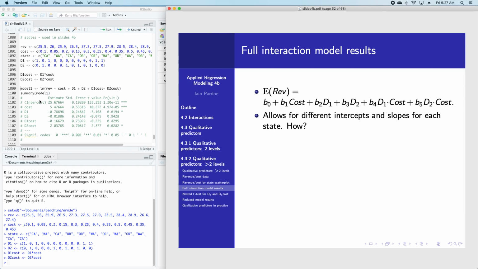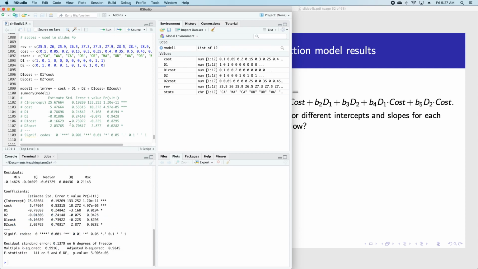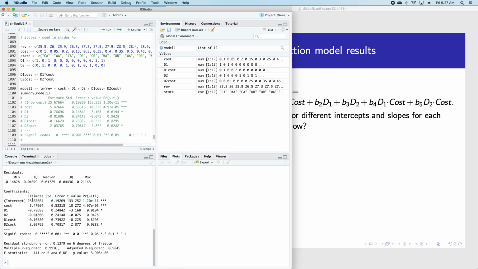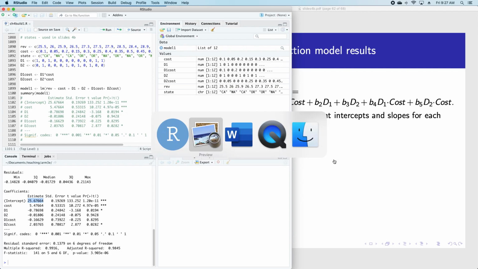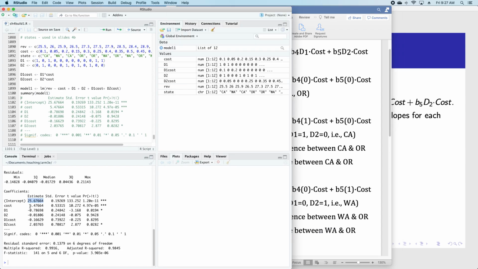Okay, so let's look at all this. So let's go back to R and fit that model. So here's a summary of the model. All these numbers are the estimates of all these regression parameters. Overall intercept, well, actually this represents the intercept for Oregon. If we go back here, b0 is the intercept for Oregon.